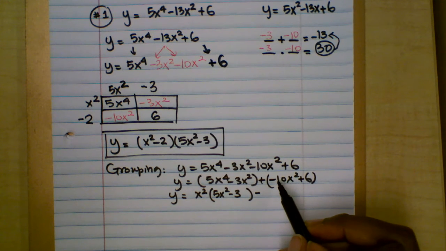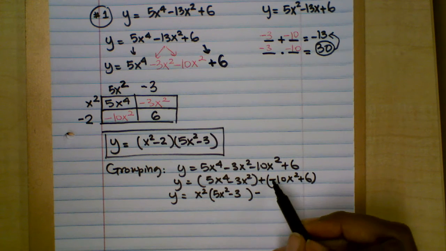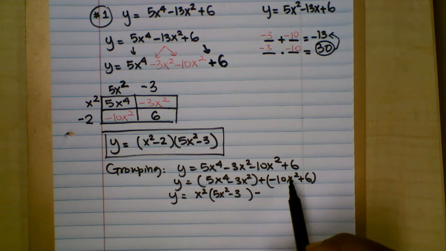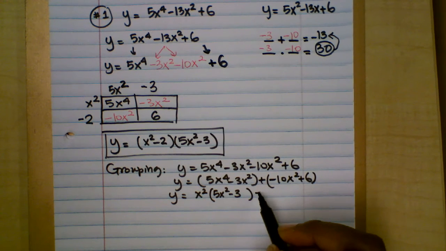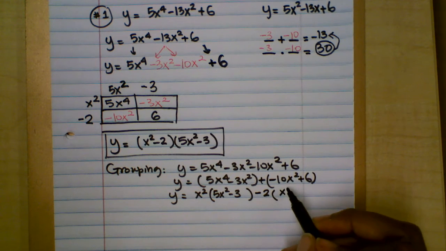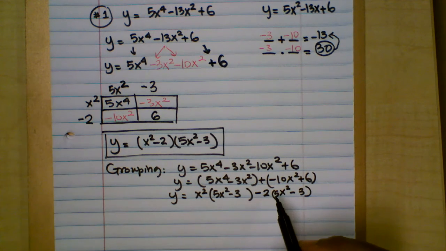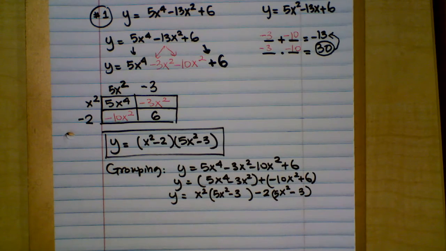Because the factor of 10 can be written as 2 and 5, and the factor of 6 can be written as 2 and 3. And the common factor is 2, and because the leading term with variable x should not be negative, that's why I pull out the negative. So it should be negative 2 times, and then you end up with x squared, oops, I forgot the 5, 5x squared minus 3. If you multiply negative 2 back, you end up with negative 2 times 5x squared, which is negative 10x squared, and negative 2 times negative 3 is positive 6.